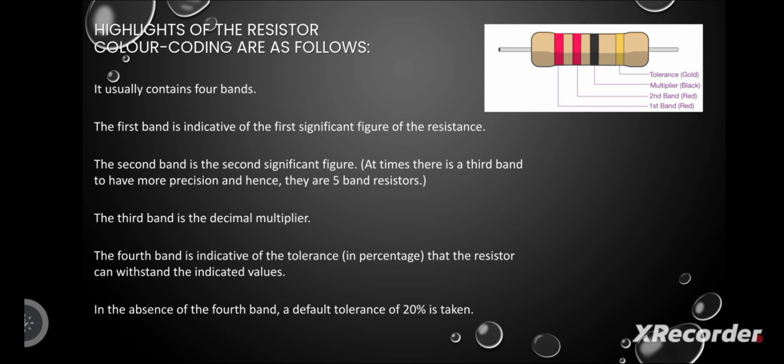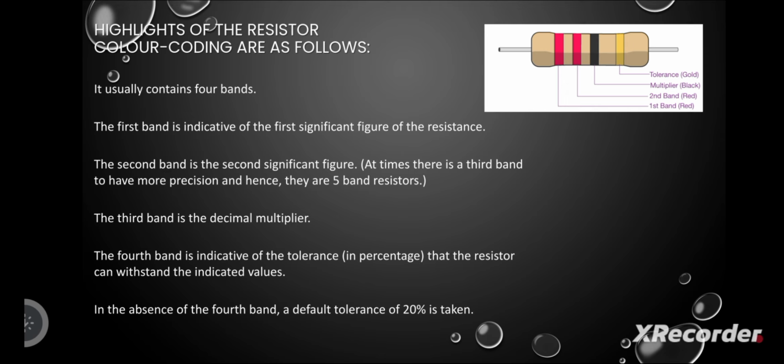The first band indicates the first significant figure of the resistance. The second band is the second significant figure. At times there is a third band to have more precision, and hence they are 5 band resistors. The third band is called the decimal multiplier.